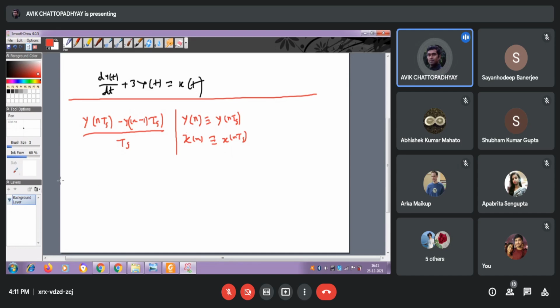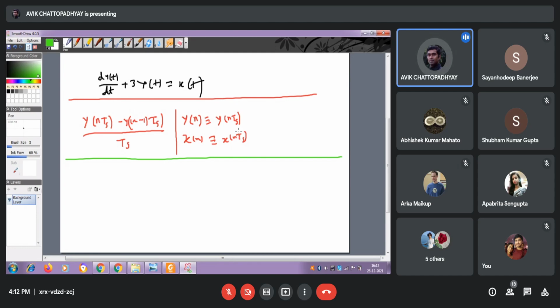So finally what can we write here? First, if you replace dy(t)/dt by this, Ts remains in the denominator, and here there is y(t).